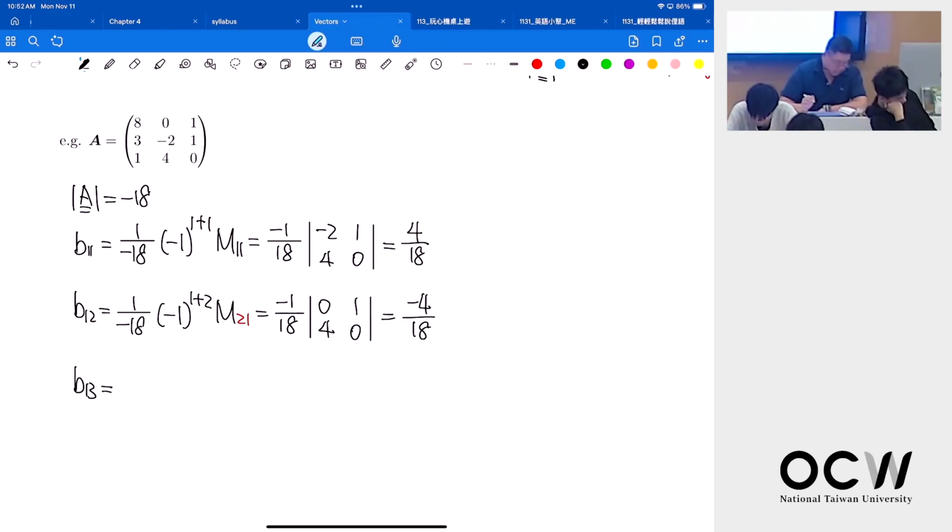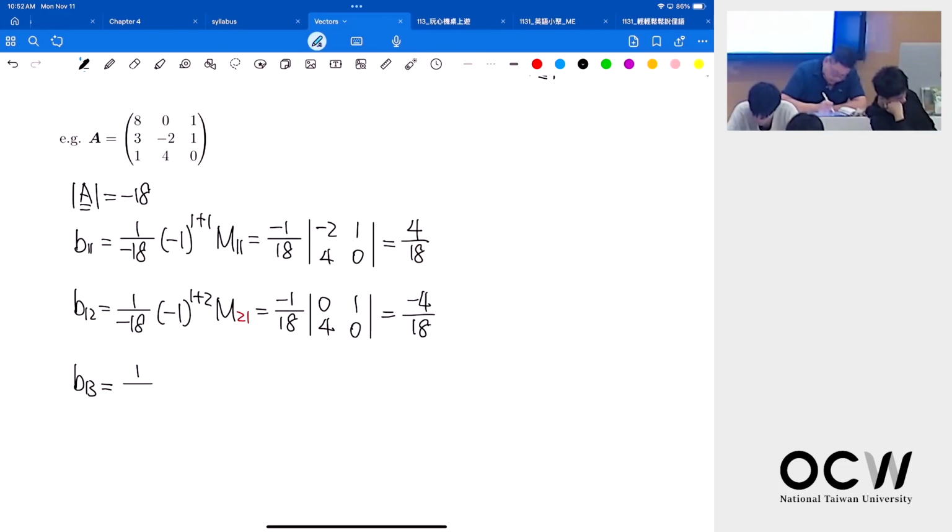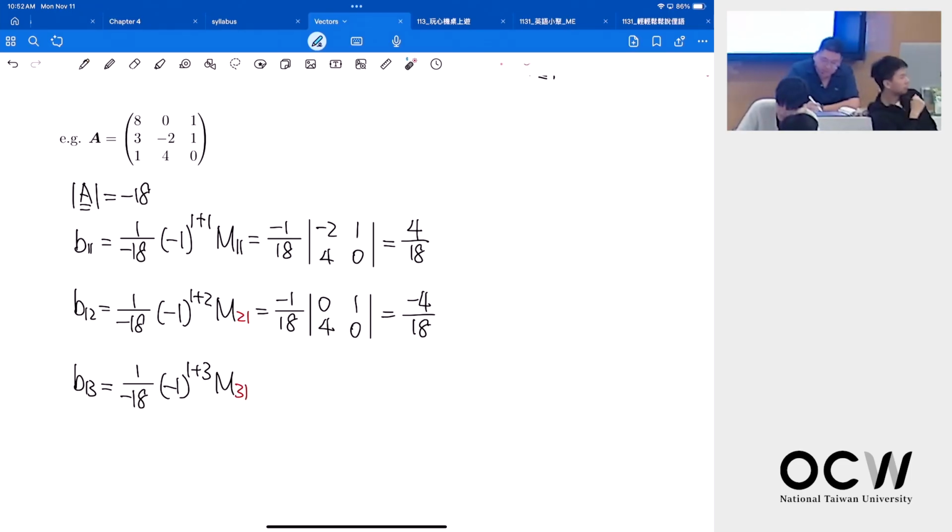B13, 1 over the determinant of A, minus 1 to the power 1 plus 3, so it's 1. And here we need to switch: 1, 3 becomes 3, 1. So I want this value. How can I get this element? The corresponding opposite position here, 3, 1.